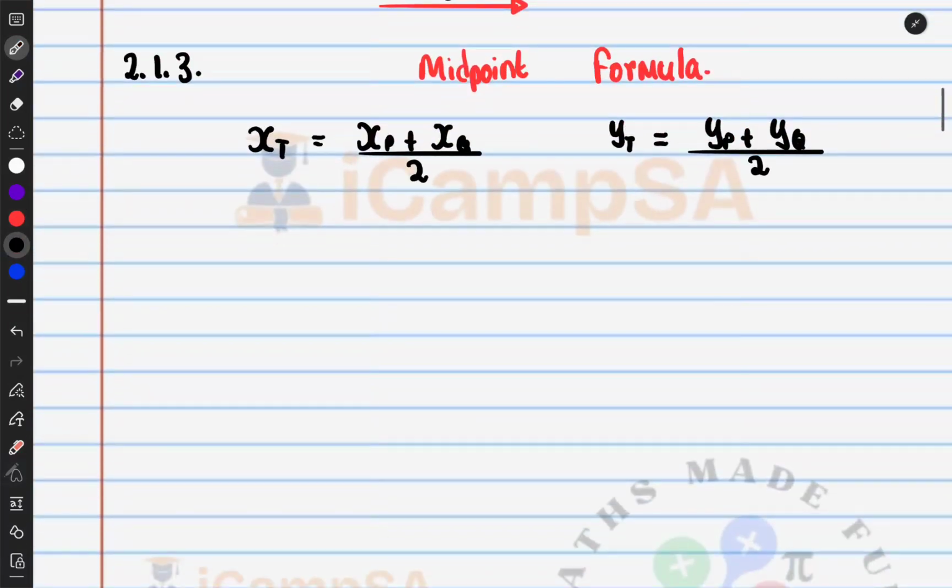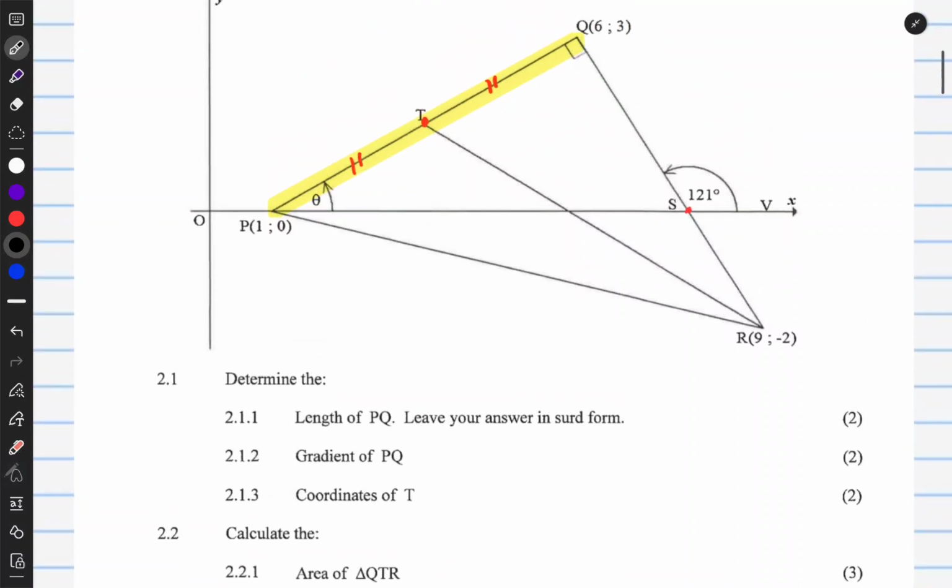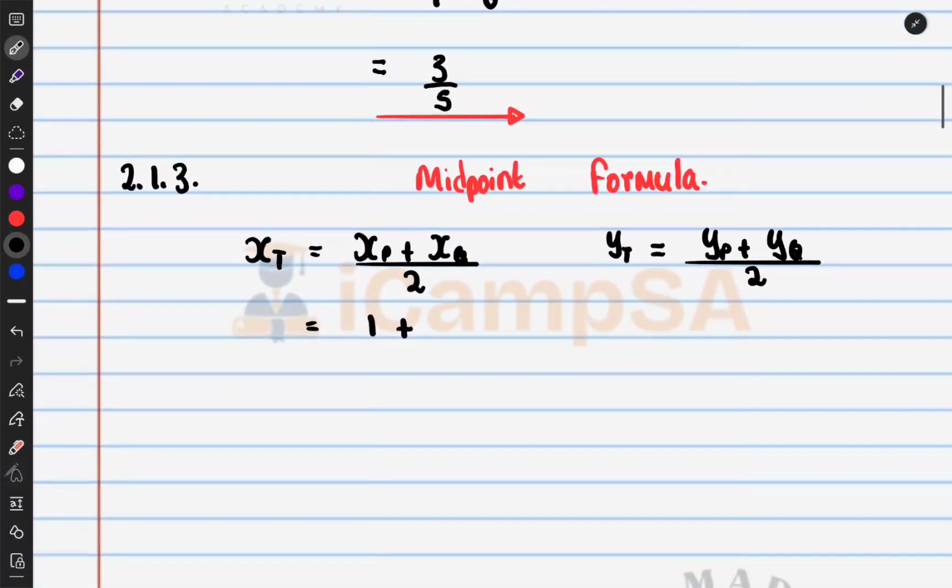Okay, let's quickly plug in the values and calculate the coordinates of T. X for P is 1 plus x for Q, which is 6, divided by 2. And then for the y coordinate, y for P is 0 plus 3 divided by 2.